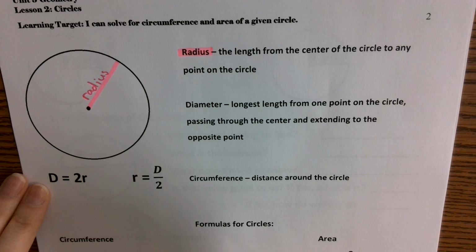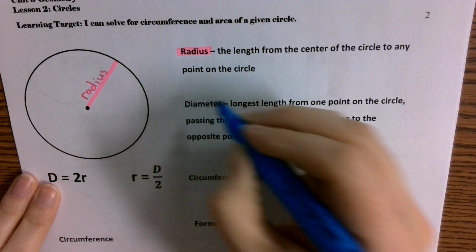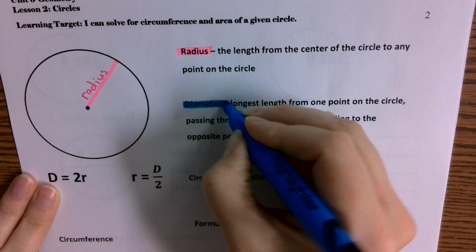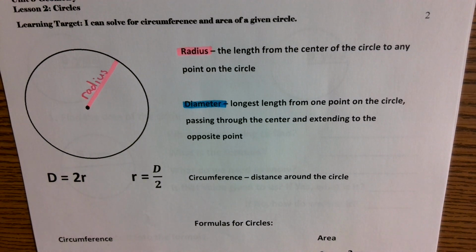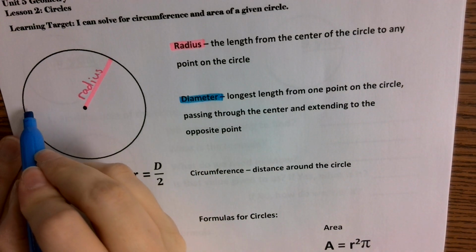Your diameter. Say diameter. Okay. Diameter is the longest length from one point on the circle, passing through the center of the circle and extending to the opposite point. It's the longest measurement inside of your circle, so it has to pass through the center.